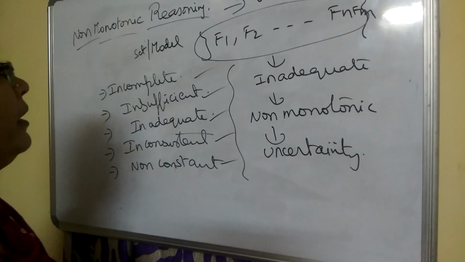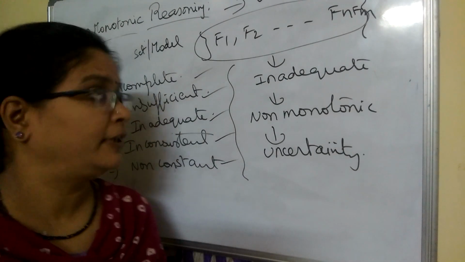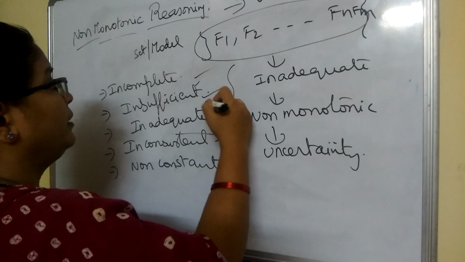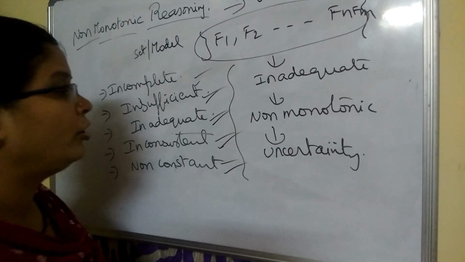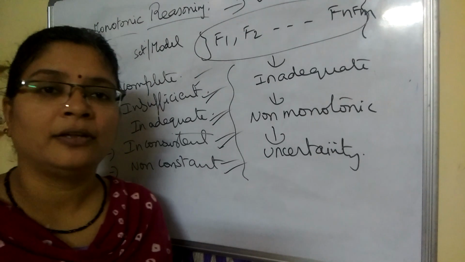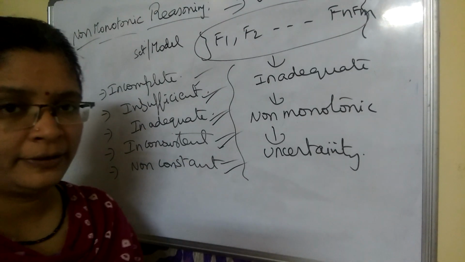These are the main things regarding the non-monotonic reasoning. That is incomplete, inconsistent, inadequate, and non-constant. So these are the various properties of the non-monotonic reasoning.